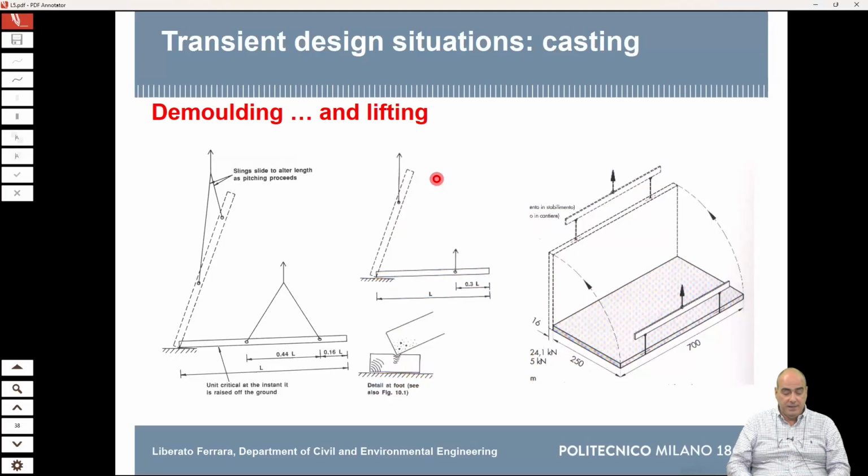But when you lift it up, care has to be taken. With this scheme, never use a single hanging point, because this risks unbalancing your element. If you have a single hanging point, when you lift your element here, you will have the force here and the other reaction force will be here.